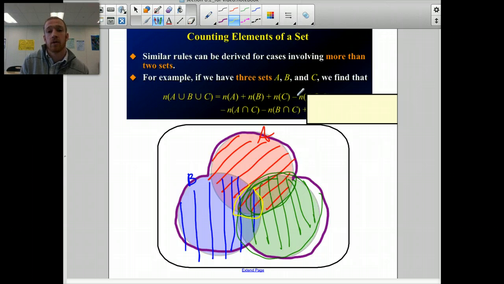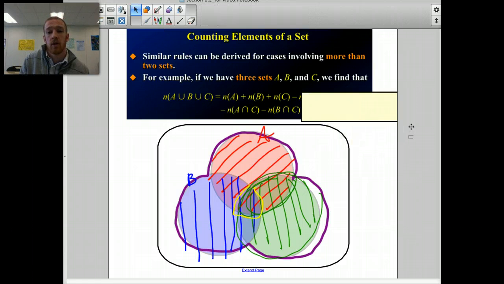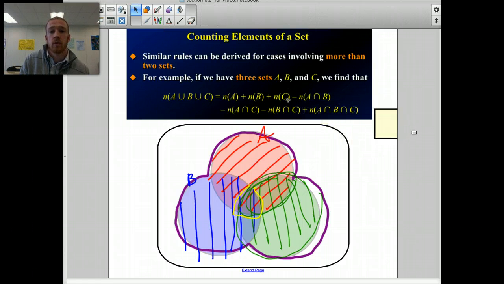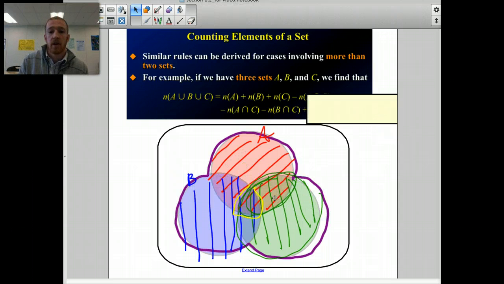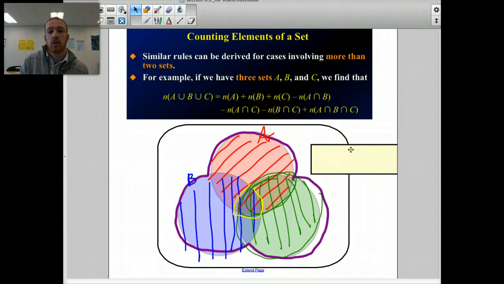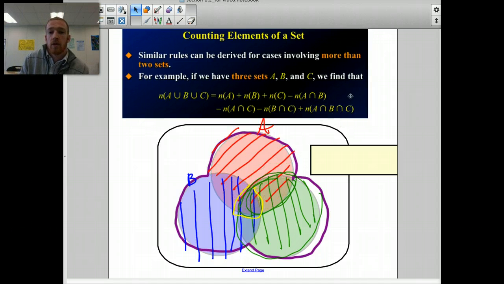So I shaded it 3 times, so I have to subtract 2 of those because I counted it triple. I can only count it once. So this is our formula. A plus B plus C minus the intersection of each of the pairs, and then, oh no, I already subtracted that, so then plus 1 of the intersection again where they all 3 meet. So there's our formula.